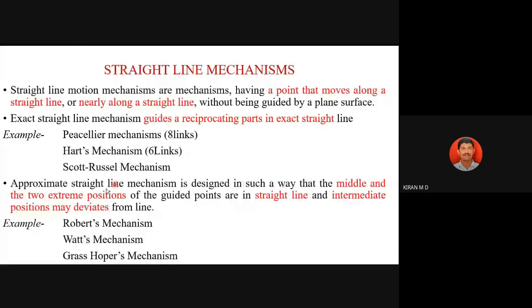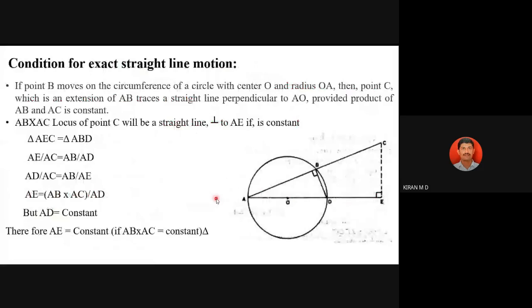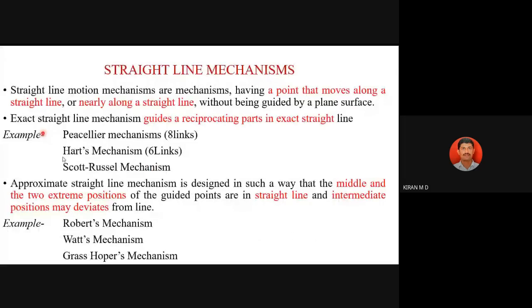And the last important thing, I will wind up with this: straight line motion mechanisms. Straight line motion mechanisms have a point that moves along a straight line or nearly along a straight line without being guided by any plane surface.